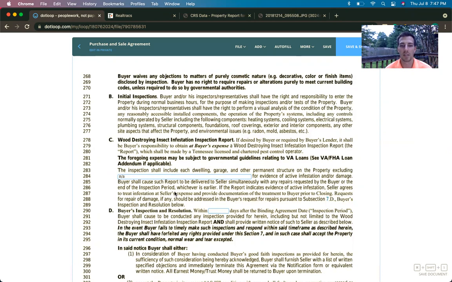And then two days later, they said, oh yeah, we also want you to lower the purchase price because of all these termites in the house. So they dinged us one after another. So this is saying you have to notify the seller at the same time, hey, we want these items repaired, and there's also termites in the house. Same time, you have to notify the seller.